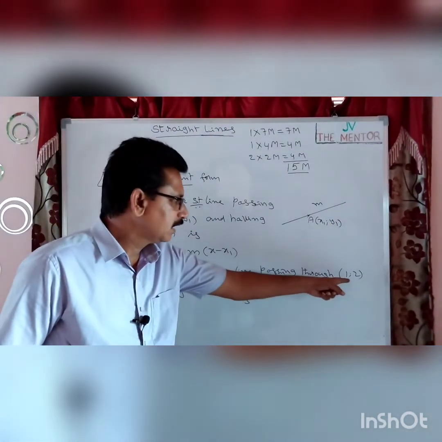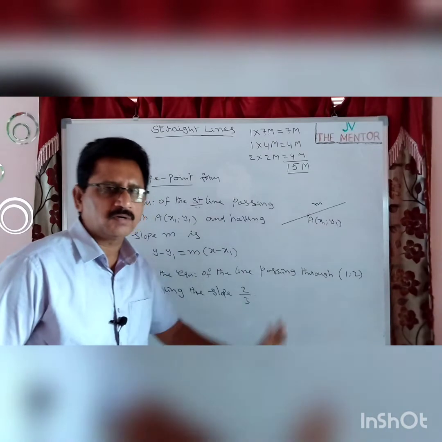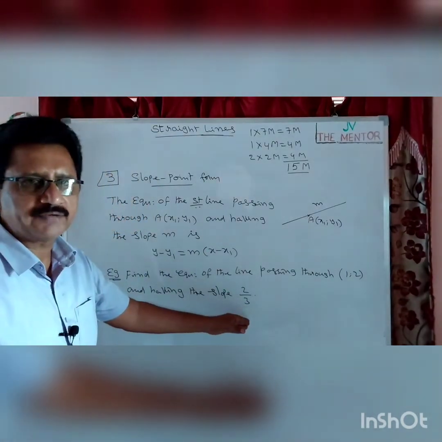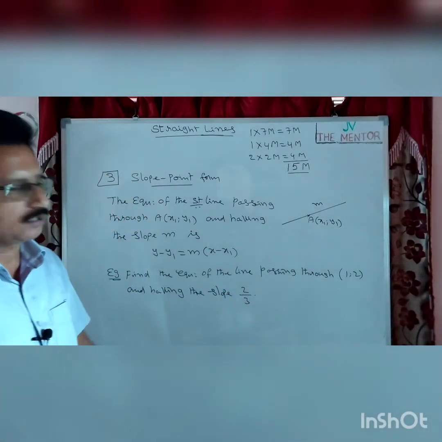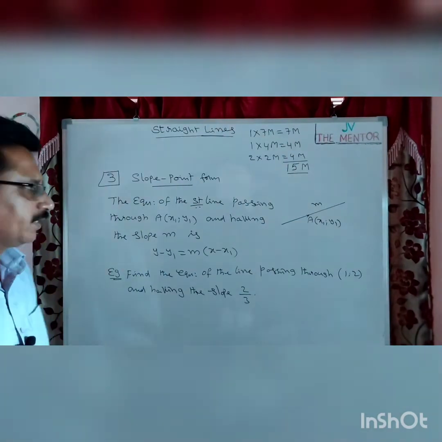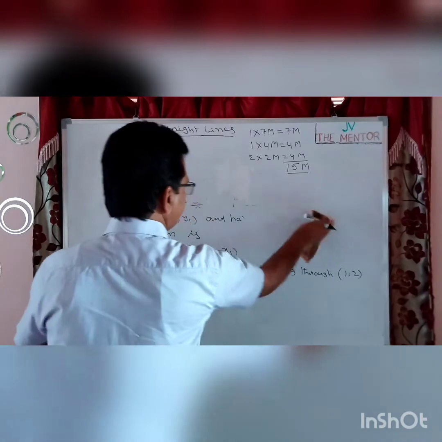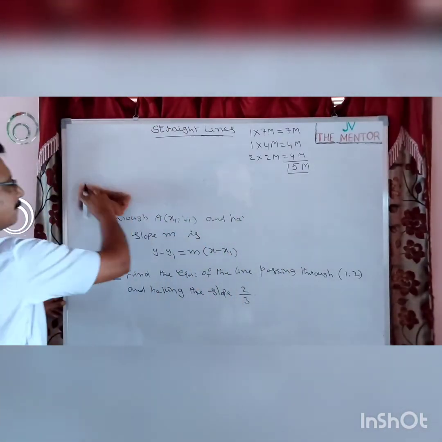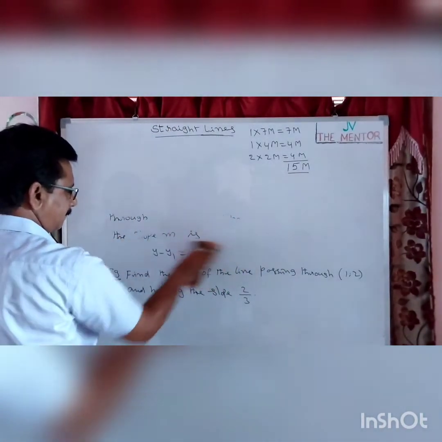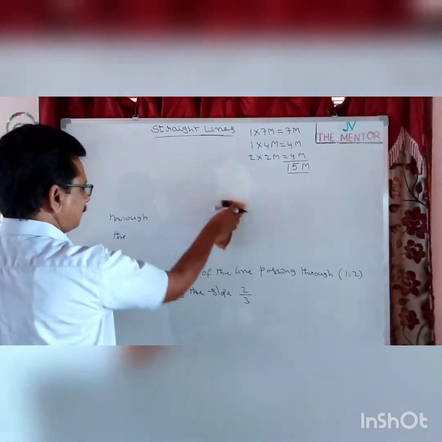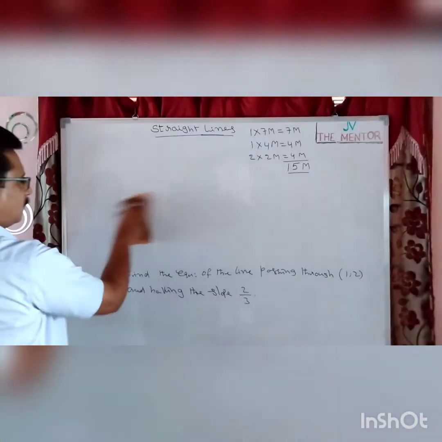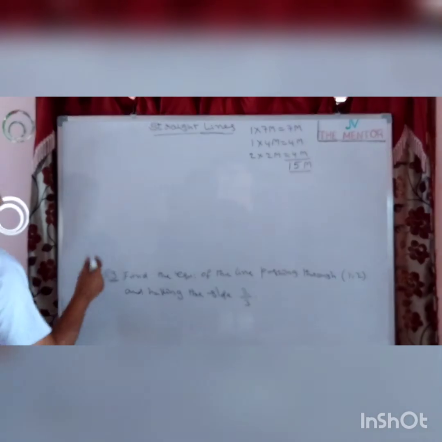That is, let the given point be (x1, y1) and the slope of the given line is 2 by 3, slope m equal to 2 by 3. Write down solution. Solution.